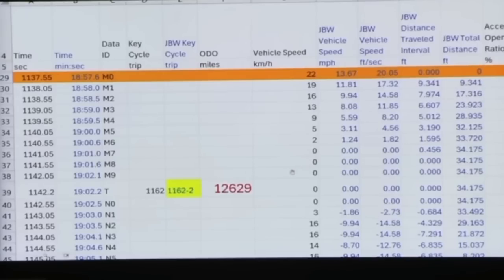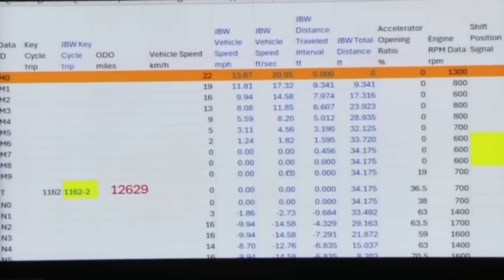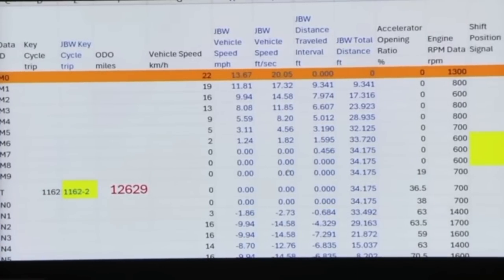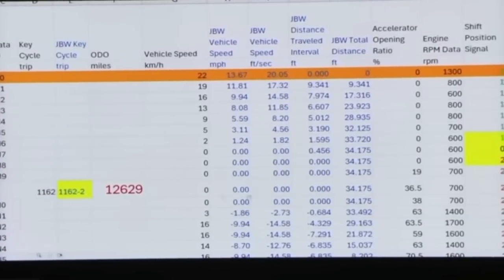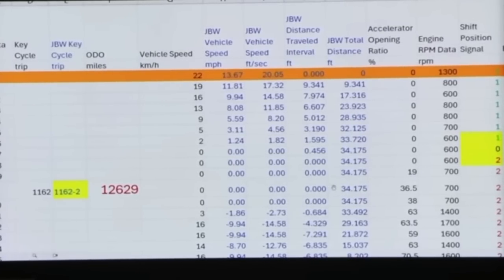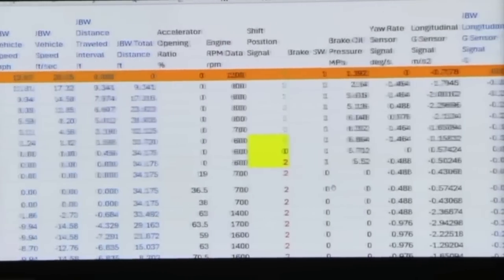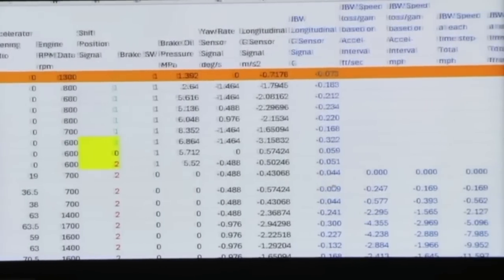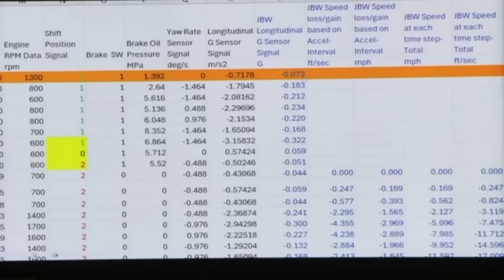If you can scroll over a couple of columns. From your data, can you tell during that event how far the Lexus traveled during that event? Yes. And how do you do that? So we have accelerometer data. We have velocity data or speed data back here.